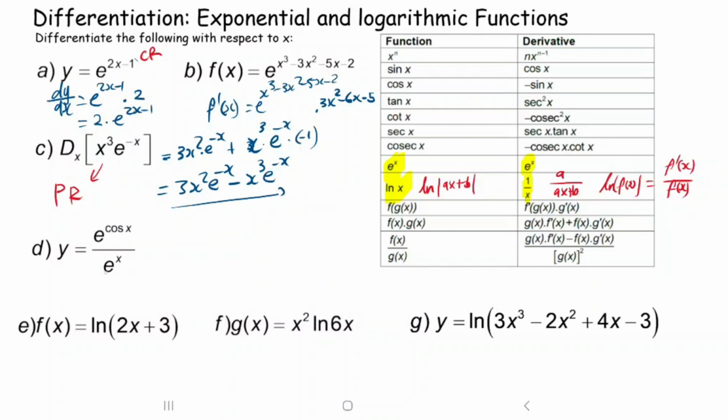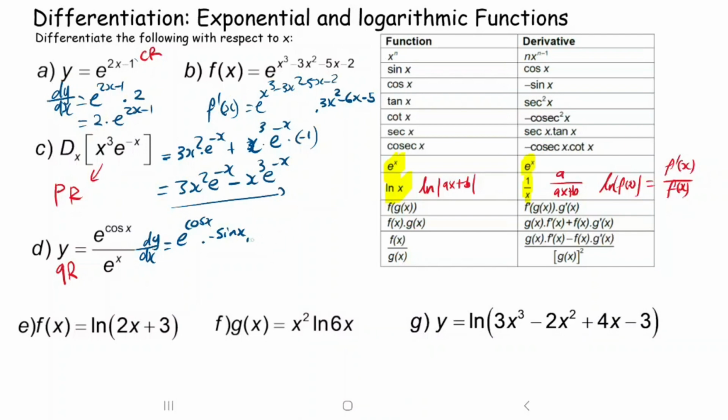So the next one over here, we've got a quotient. So we'll have to use our quotient rule in order to simplify this. So let's see how we get the dy dx of this. The dy dx says derive the top function. So this is e to the cos x. Now we derive what cos x is, which is minus sine of x. And then we now subtract. I forgot the e there.